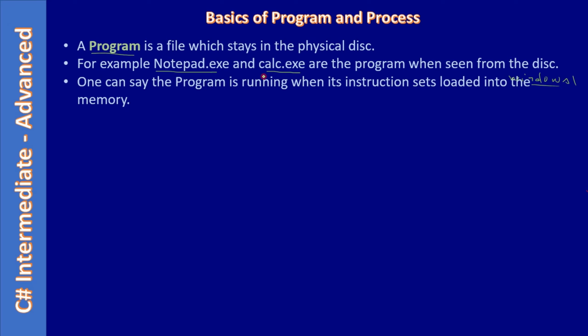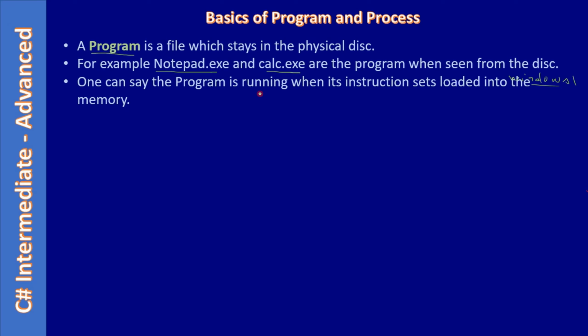Here if you see the program which is in the disk, so disk is also a storage memory, and so when the disk program is loaded into the memory of the operating system, or we can say the instruction sets are loaded into the random access memory, RAM, as well as the microprocessor which is tied to the operating system.